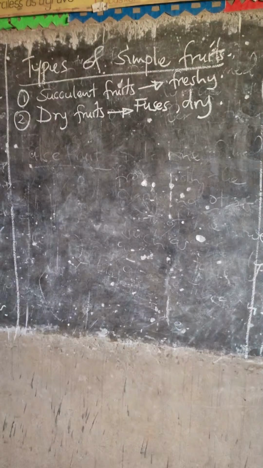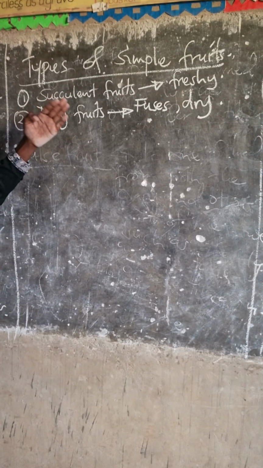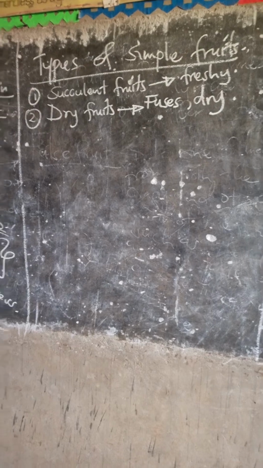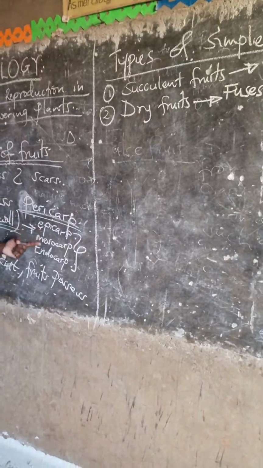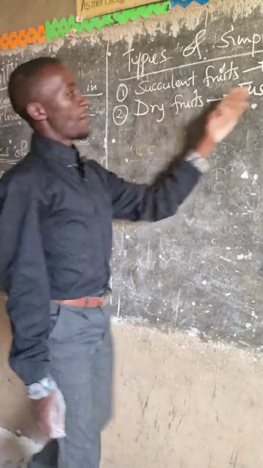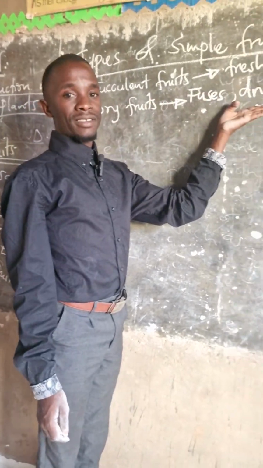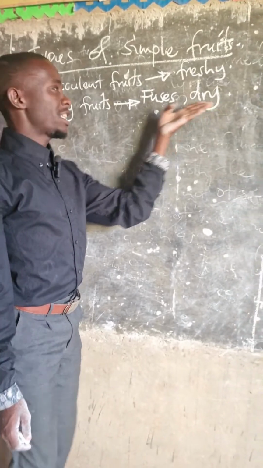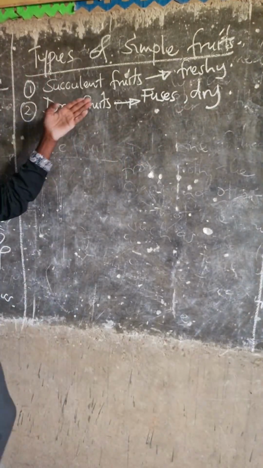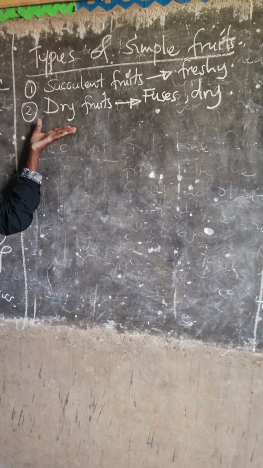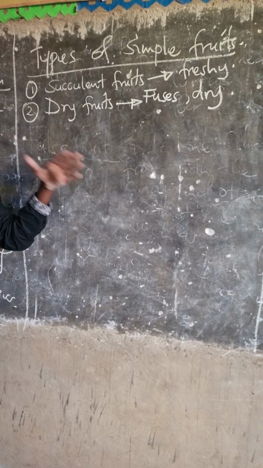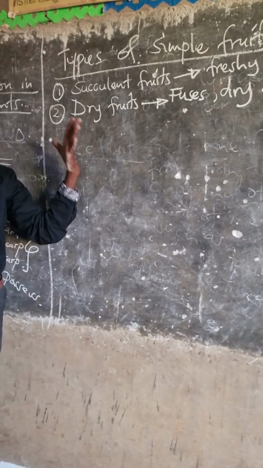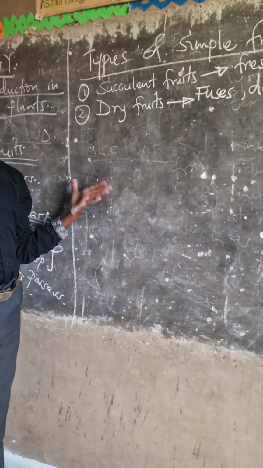As the dry fruits ripen or mature, these 3 layers fuse to appear like one. And as they fuse, the pericarp becomes dry. So that makes these fruits be termed as dry fruits, because the 3 layers of the pericarp fuse and the pericarp dries as the fruit ripens.